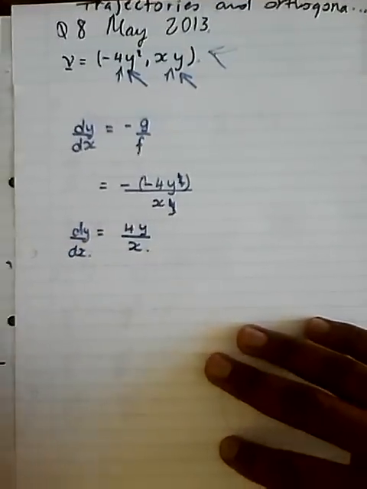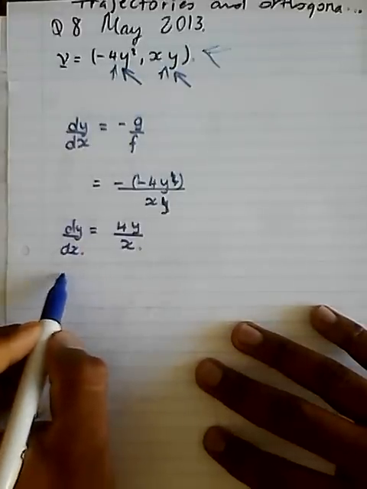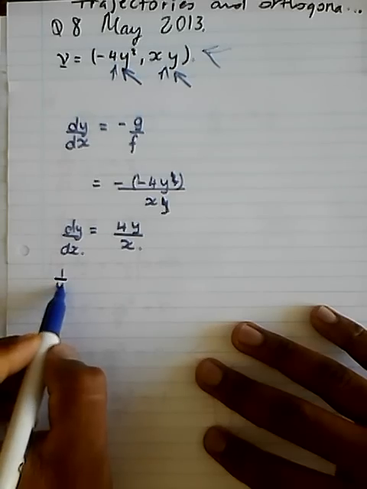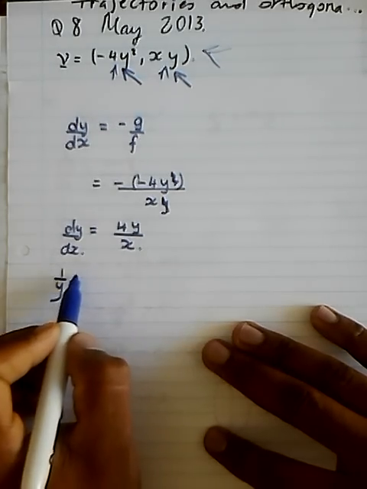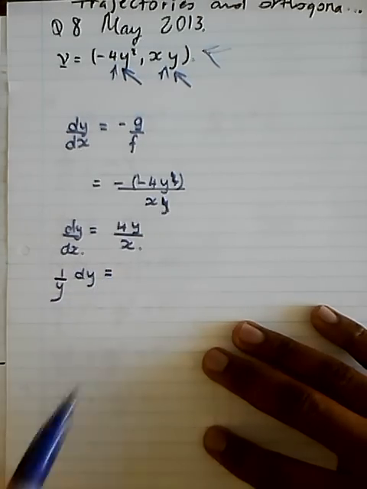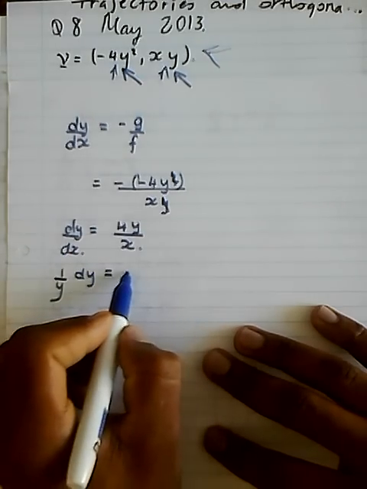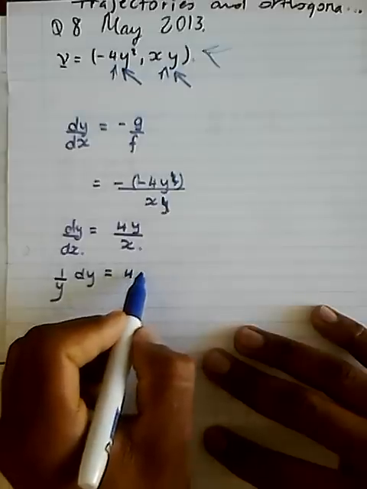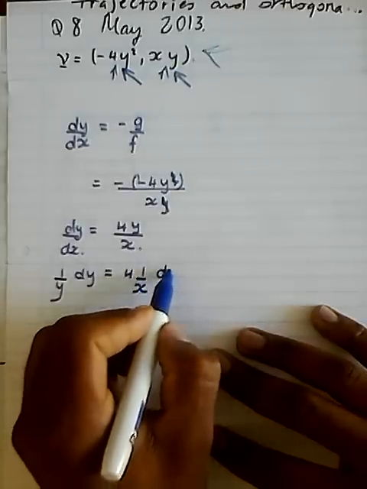Again, we can use variable separable. Dividing both sides by y and multiplying both sides by dx, we're going to have 1 over y dy is equal to 4 over x dx.